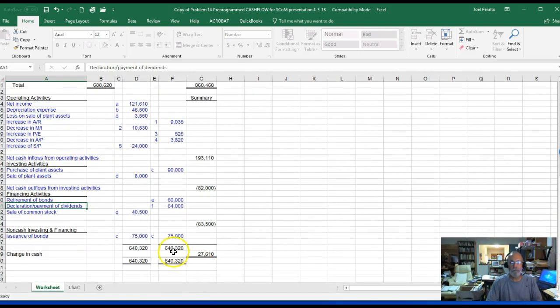And the last item would be under financing activities, also a negative amount, and so that would be called net cash outflows from financing activities, minus 83,500.